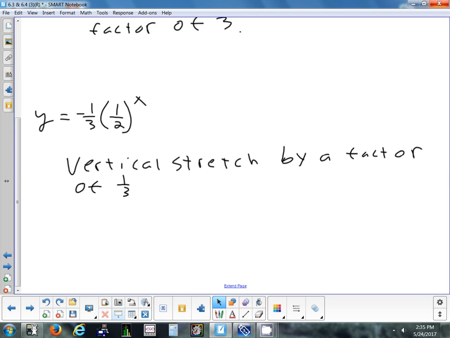If you had the number 12 and you stretch 12 by 1/3, what would happen to the number 12? It actually gets smaller. So when you stretch by something that's a fraction, it actually compresses. Right? So vertical stretch by 1/3, which means it's actually shrinking. And what else? And what tells you it's flipping over the x-axis? The negative.